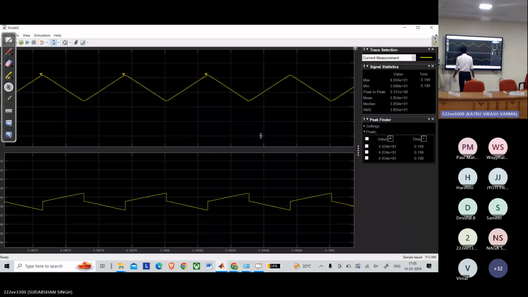From the relationship you can understand it should be parabolic, but the time scale is so small that you are getting linear. So this is the discharging of the capacitor during on time and charging of the capacitor in the off time. So now you can stop your simulation.